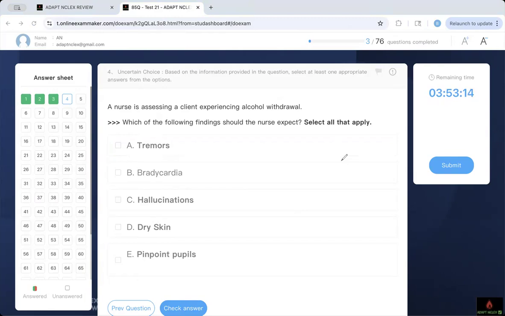This is a straightforward concept. I want you to pay attention. Alcohol is a downer, so it puts you down. If you withdraw from it, you're going to go up because you don't have anything to put you down. Therefore, if I'm withdrawing, I'm looking for signs and symptoms that I'm going up. Tremor, I'm going up. Bradycardia, I'm still going down.